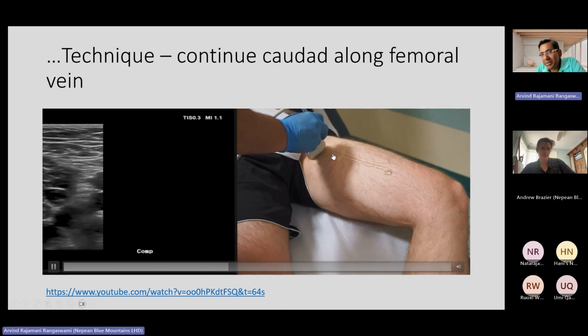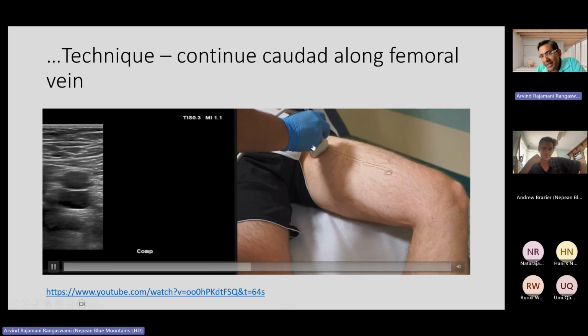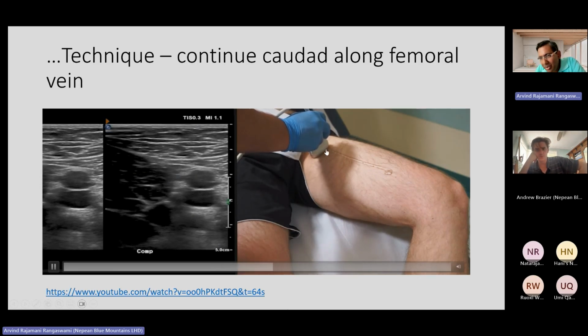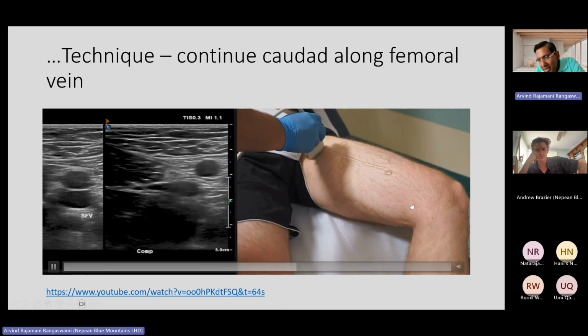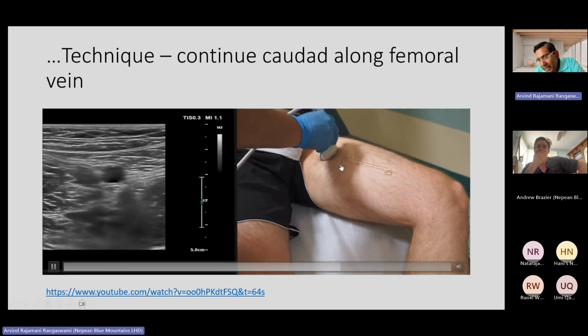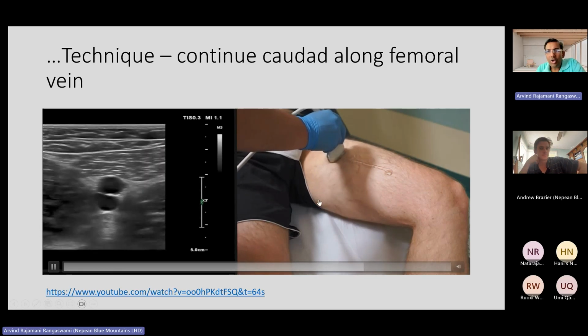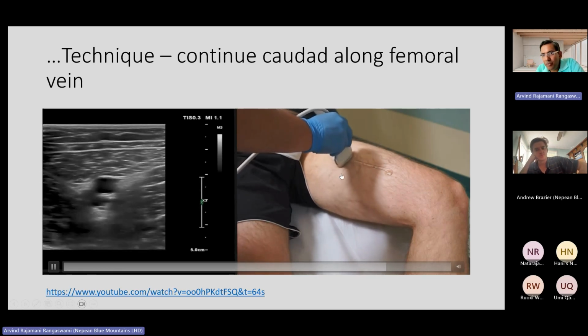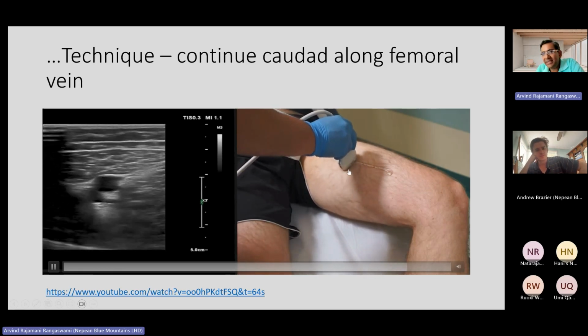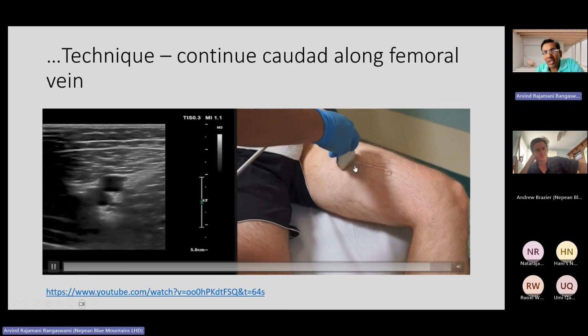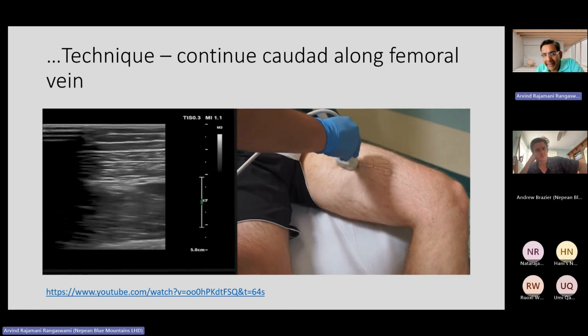So what you do is you apply gel all across in a broad line going from here, typically posterior-medially. I would actually put the gel somewhere here, and then without removing the probe, without taking the probe from the skin, you have to follow the vein.